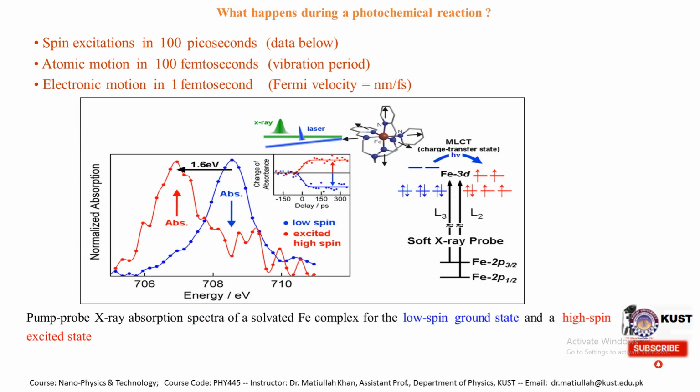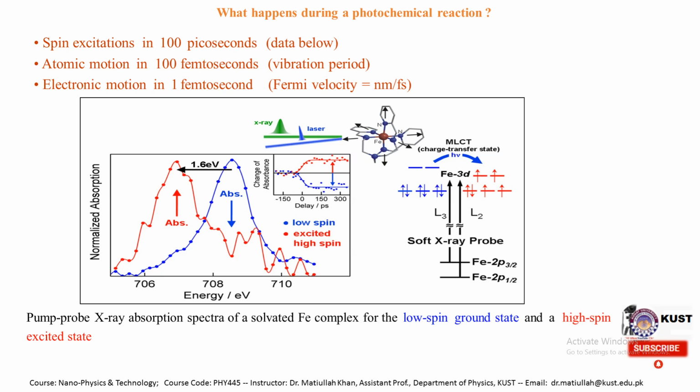This is the X-ray absorption spectra of a solvated Fe complex for the low spin ground state and the high spin excited state of the electrons. We can see the curve is drawn between energy and normalized absorption, and the low spin and excited high spin curves are really interesting, and they are opposite to each other in this specialized curve.